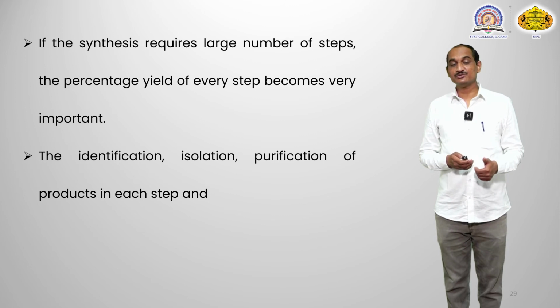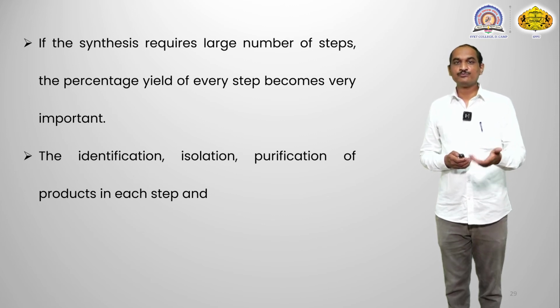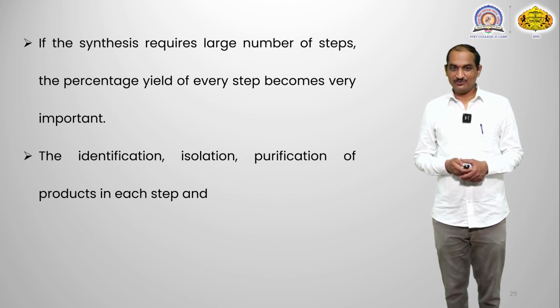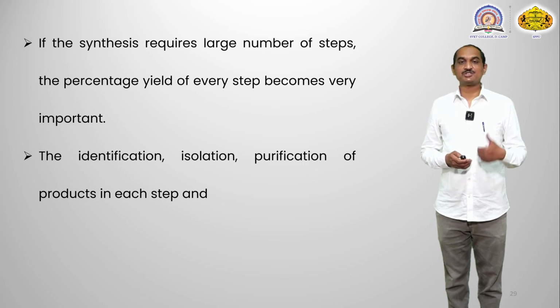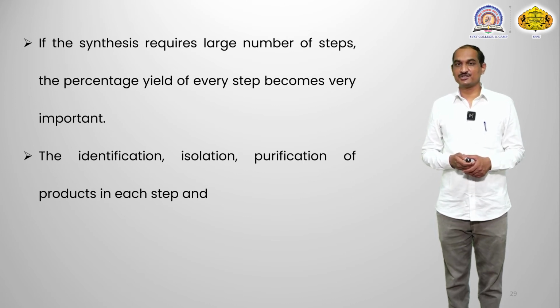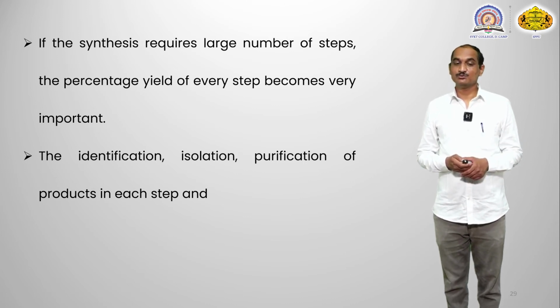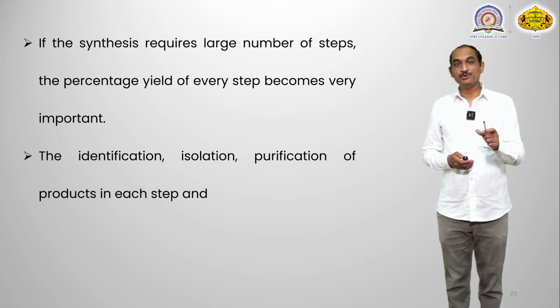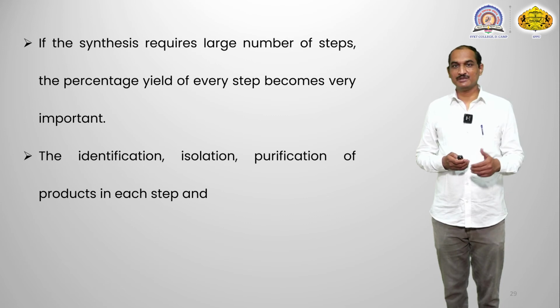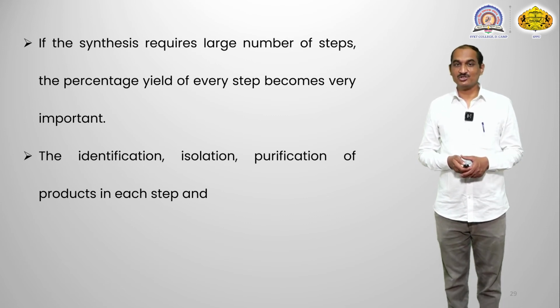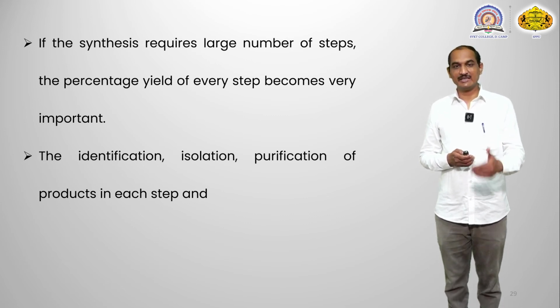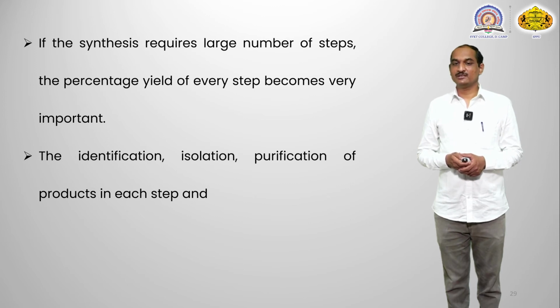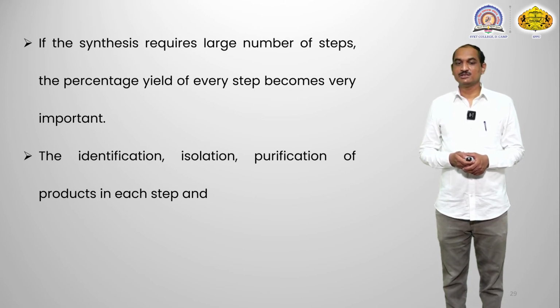When yield is reduced, it is very difficult to perform the next step. When any product is impure from any one step, then the next step is not possible, or that impurity is carried forward to the next step, and therefore purification of that product is most important.